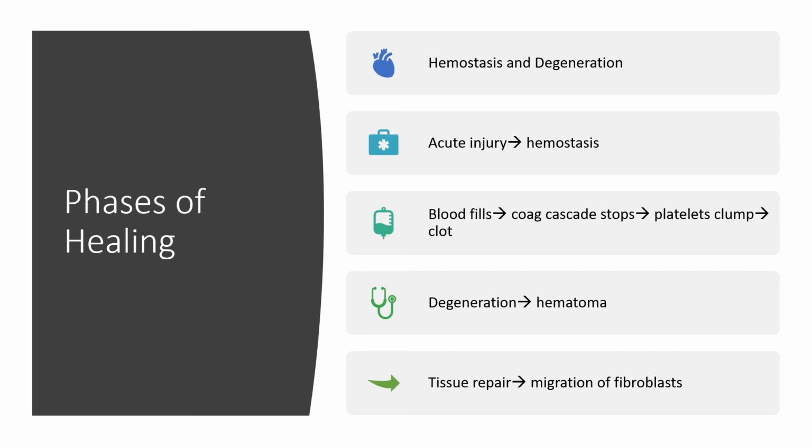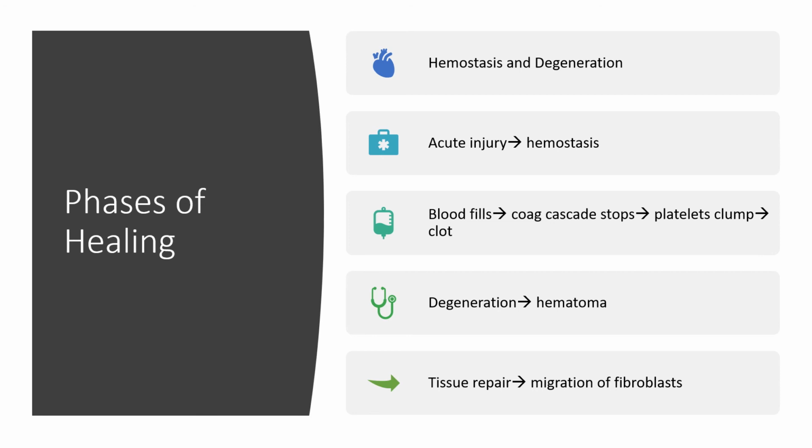Growth factors are going to play their role by stimulating proliferation and migration of different epithelial cells, fibroblasts, as well as vascular endothelial cells. They also help to regulate the differentiation of cells, such as the expression of the extracellular matrix proteins. As the blood is filling the area, the coagulation cascade is then going to stop, the platelets are going to clump, and eventually a blood clot is going to form.